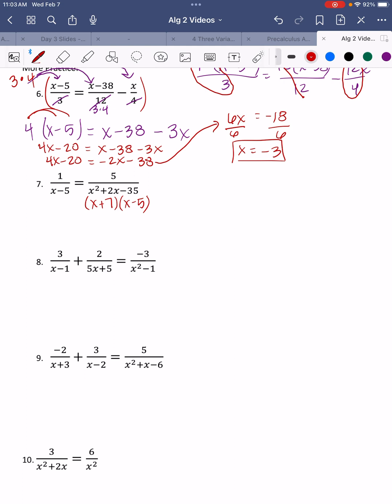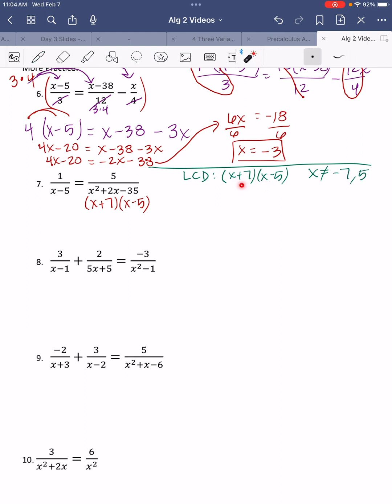So it looks like my least common denominator on this question is x plus 7 and the x minus 5 that they share. And I'm going to have to make sure that x does not equal -7 or 5 because those are my restrictions that would make me divide by 0.